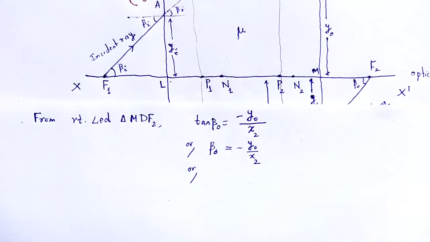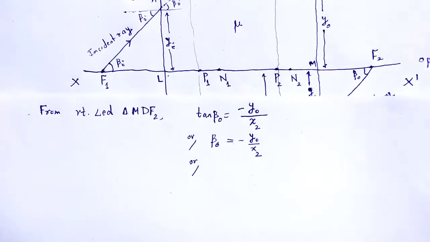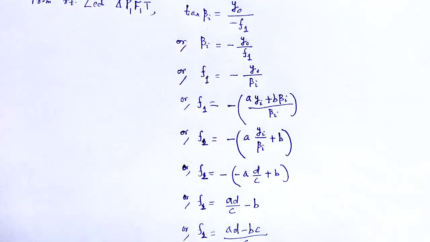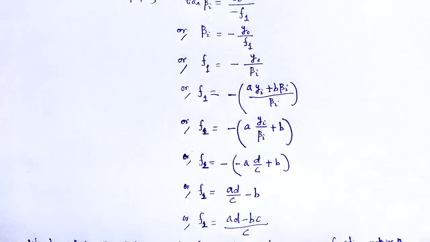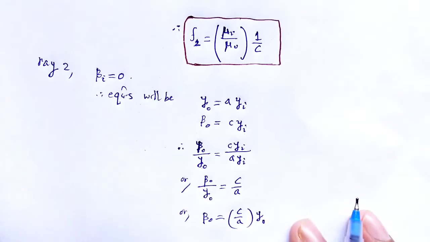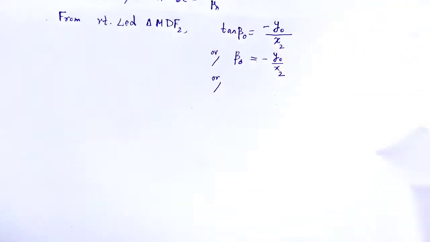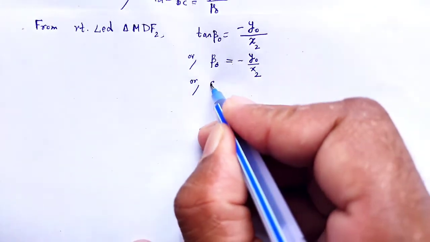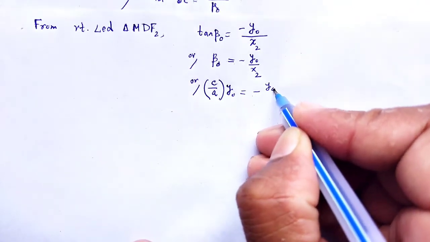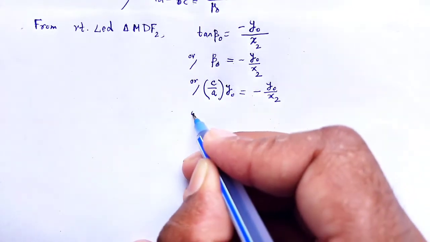Therefore the value of beta naught is C by A into y naught. So C by A y naught is equal to minus y naught by x2.